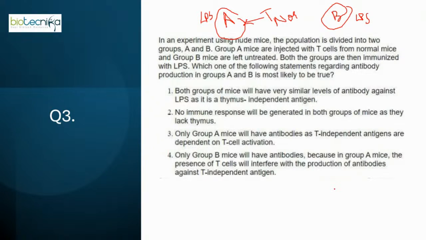Mostly these polysaccharides contain repeating epitopes, or you can say the lipopolysaccharides, which are derived from gram negative microorganisms. These thymus independent antigens mostly induce IgM, which is synthesized by your B cells. And for that, obviously, you don't need any cooperation from your T cells.